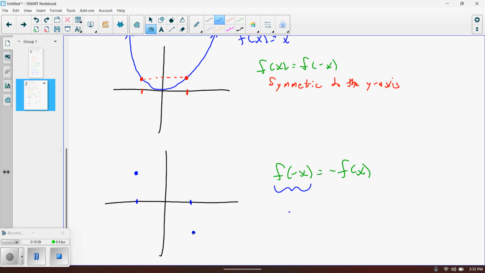And that would be the case for anything. So basically, whatever the x value is that I plug in, whatever the y value that it produces, for it to be odd, if I plug in the opposite x value, it will produce the opposite y value. So something like this.